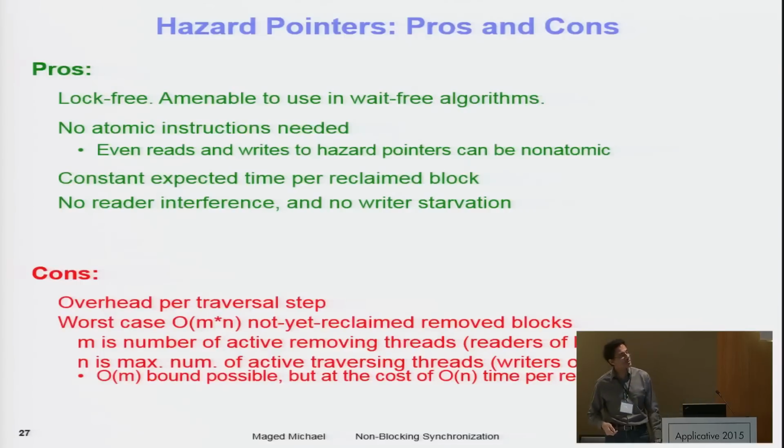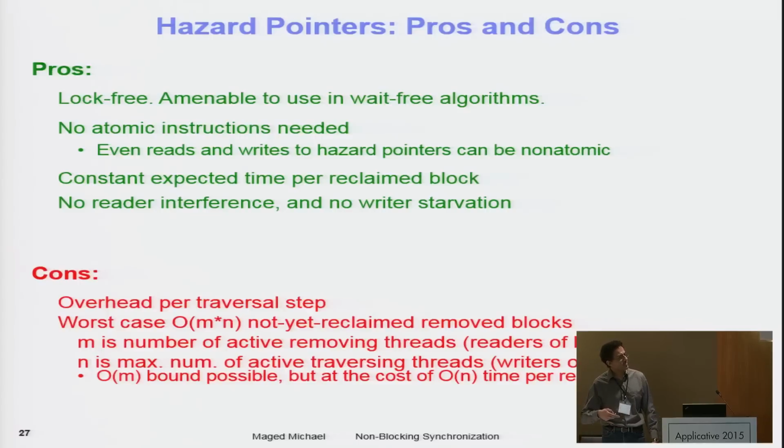So the pros is that it's lock free. It's actually amenable to being wait free. So sometimes, if a traverser finds that the value has changed, it can just take the wait free path and say, okay, it doesn't need to go back and read again. So it depends on the algorithm. It could be wait free, while reference counting, unless you have certain primitives that are not common, will have to be lock free.